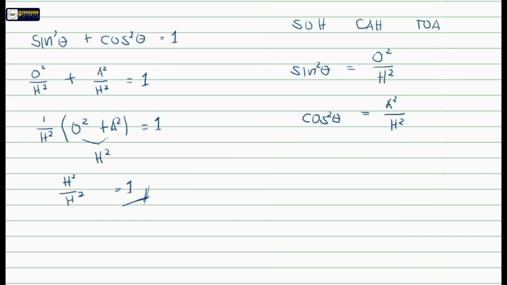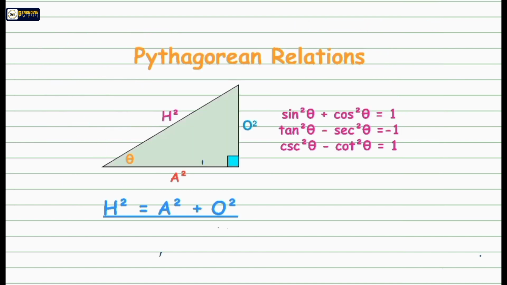So next is the tangent squared theta minus secant squared theta is equal to -1. Okay, from the basic identities, secant theta is just equal to 1 over cosine theta.